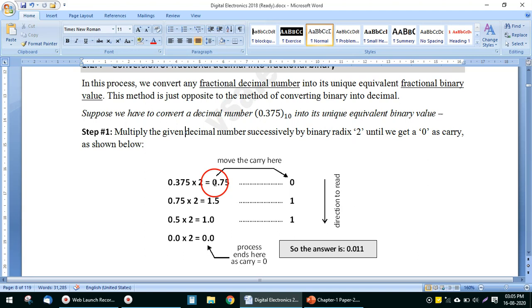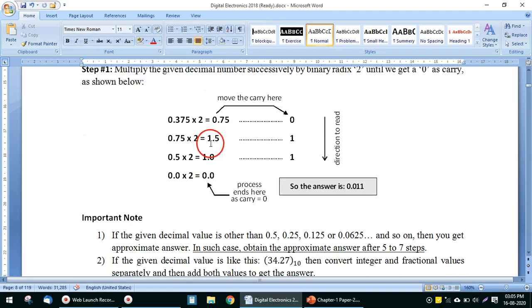Here we are seeing a 0, so move that 0 over here. We have written the 0 in the same line. Then take this value again and multiply it by 2. So we get 1.5. 0.75 multiplied by 2 gives you 1.5.